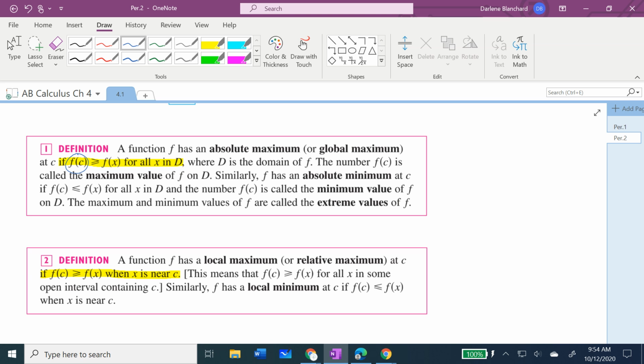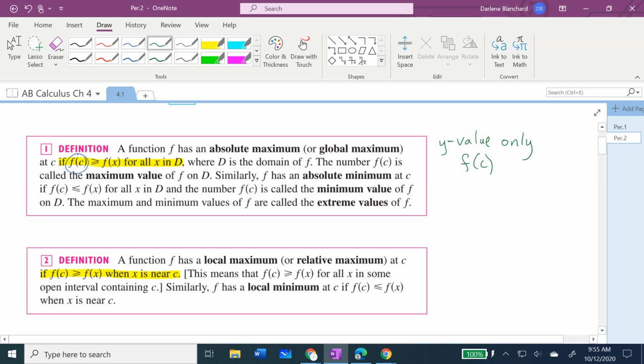And the big distinction between absolute and local: absolute is just the y value. It's just looking at what are the extremes in your range, what is the absolute highest and the absolute lowest of your range.